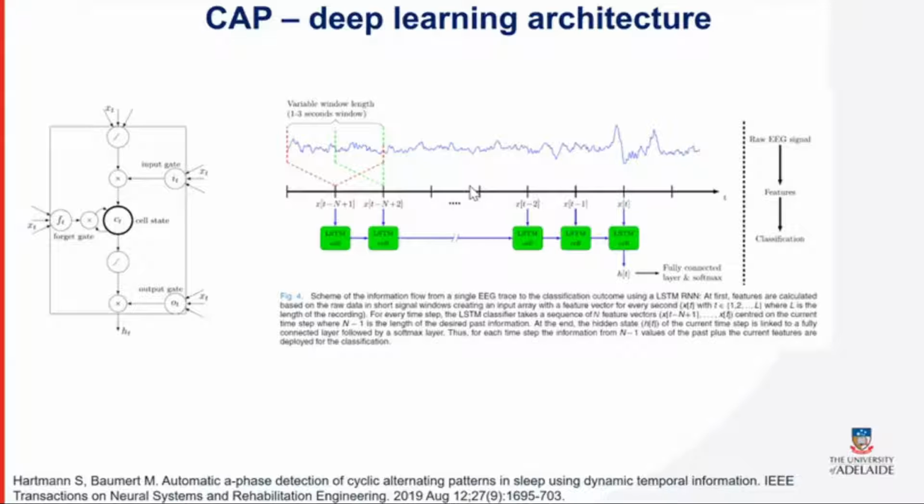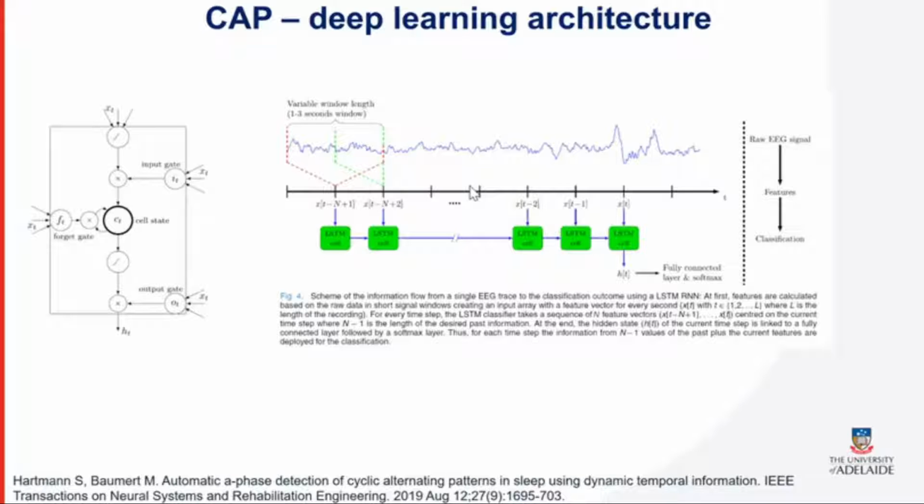Now, a couple of years ago, we tried to develop an automatic A-phase detector or CAP analysis tool, which is based on a deep learning architecture. It originally used the conventional LSTM architecture. We look at a single EEG, or we can also use two EEG channels, in particular central EEG leads.